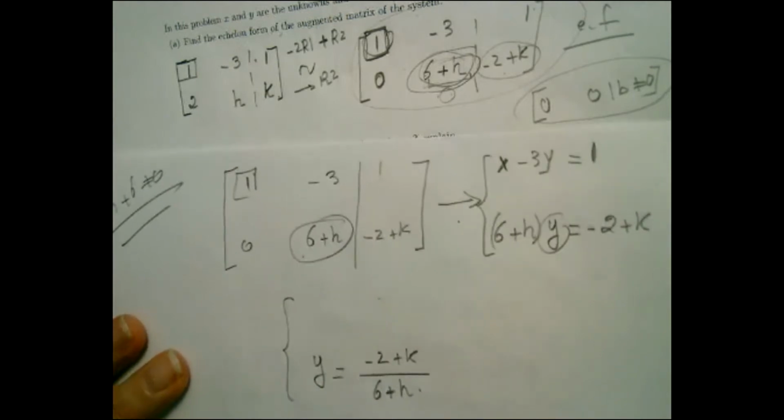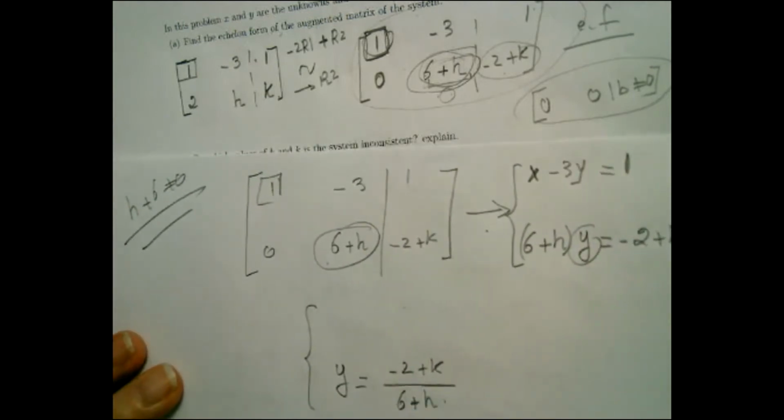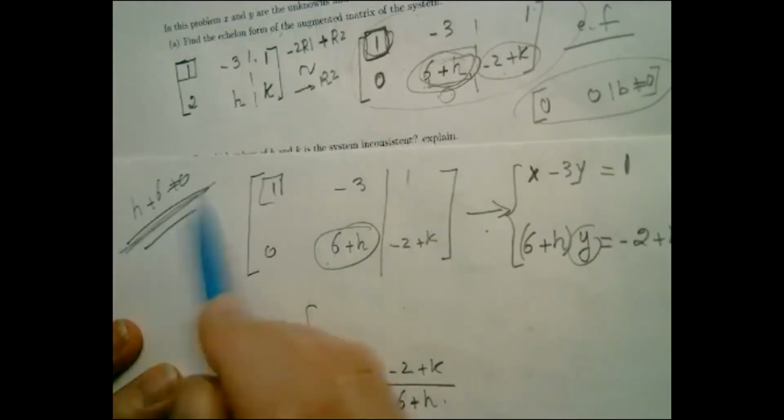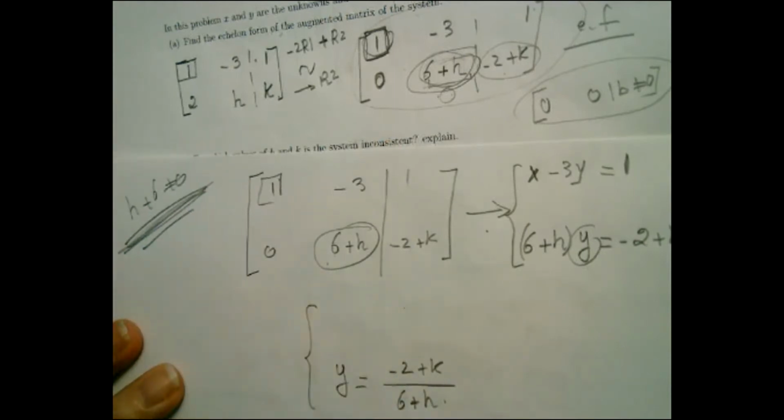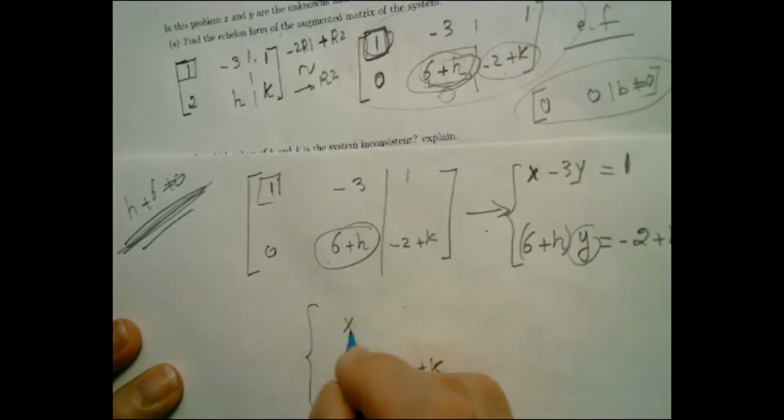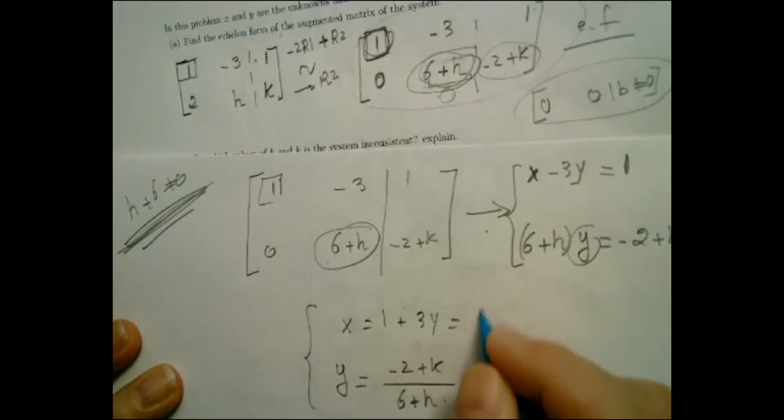So my Y would be -2 plus K over 6 plus H. So my solution will depend, of course, on the parameters. And watch, I can divide by 6 plus H because my condition is H plus 6 has to be different from 0. And my X is easy. My X is, by back substitution, 1 plus 3Y.